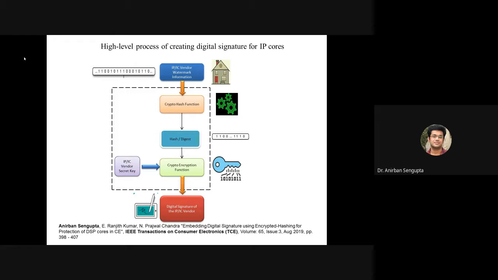Then we subject that to the crypto hash function, which is SHA-512, and we produce a digest or hash value, which is then subdivided into different blocks, and then it is secretly signed using the IC/IP vendor secret key. So using the RSA algorithm, we finally generate the encrypted values of each of these blocks, which are further concatenated to produce a large sequence of encrypted signature, which acts as the digital signature of the IC or IP vendor.